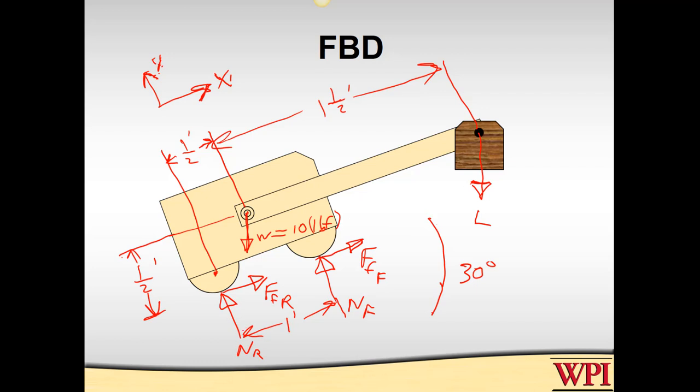If it's just about to tip, then this normal force goes to zero. And if this force, the normal force between the plane and the robot goes to zero, then there's no frictional force there either. So that gets rid of N sub R and F sub R. So that leaves us with L, F sub F, and N sub F.